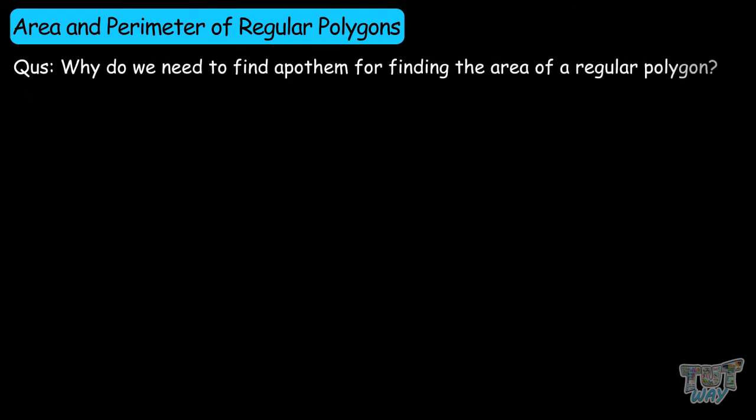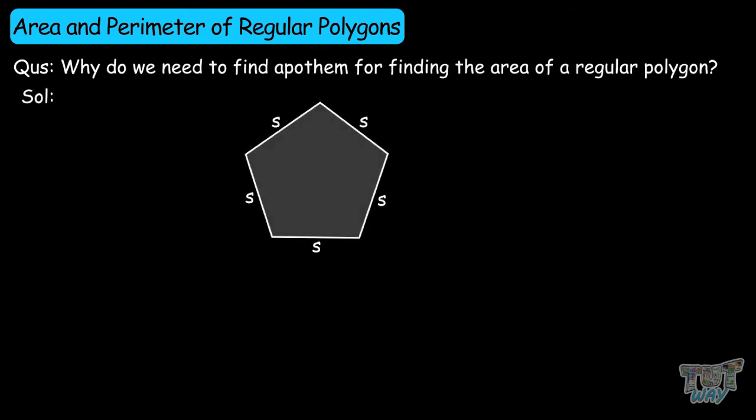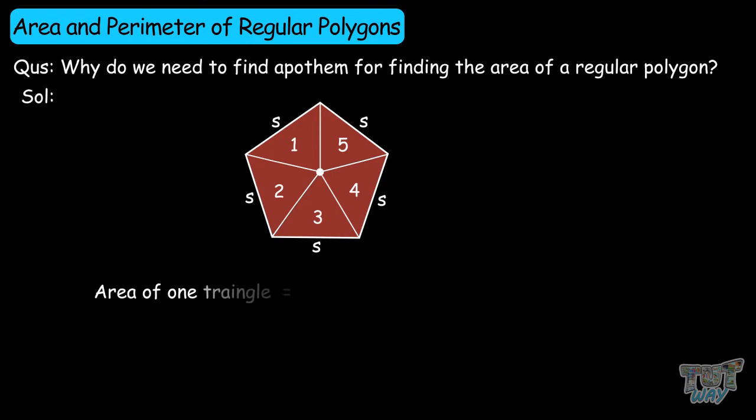Now, why are we finding this apothem? Let's see the reasoning behind it. In the case of this pentagon, you can draw it as 5 triangles. If you divide this pentagon into triangles, what is the formula for finding the area of one triangle? It is half multiplied by base times height.